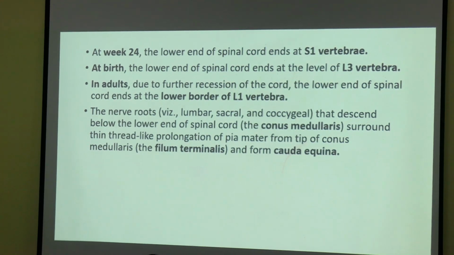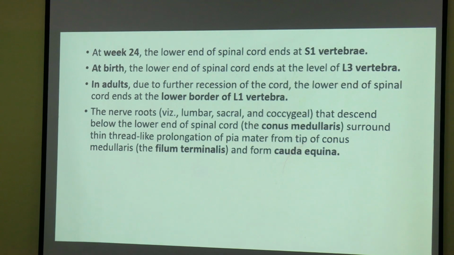So, you have to remember the cauda equina and all 4 positions. The first one is at the same level, the second is S1, the third is L3 and the final position is L1 vertebrae. This is all about the development of your spinal cord.